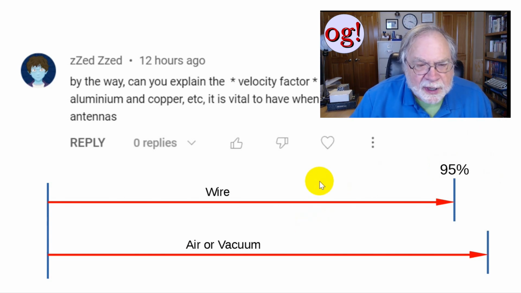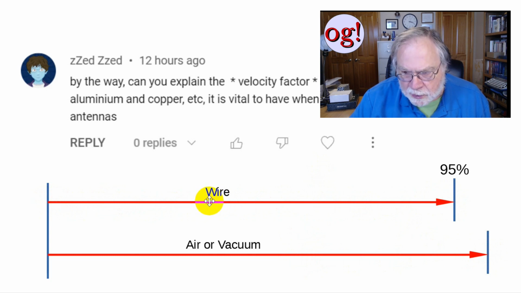So if you put an electromagnetic wave into that coax, the wave will only get to here at the same time the direct wave gets out here. So these are times we're taking the same amount of time, okay? The electromagnetic field travels more slowly in a wire than it does in air or vacuum.